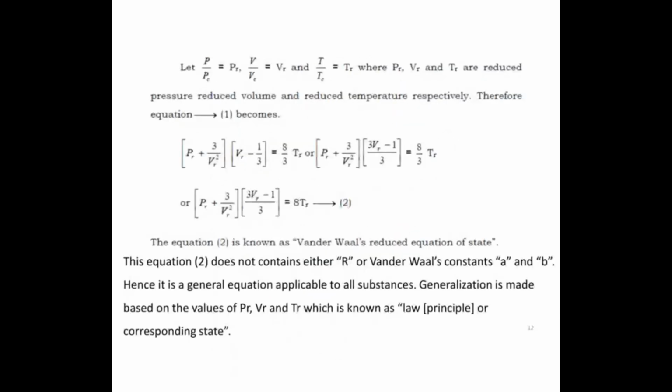P by Pc can be denoted by PR, V by Vc can be written as VR, and T by Tc can be denoted by TR, where PR, VR, and TR are the reduced pressure, reduced volume, and reduced temperature from equation 1.